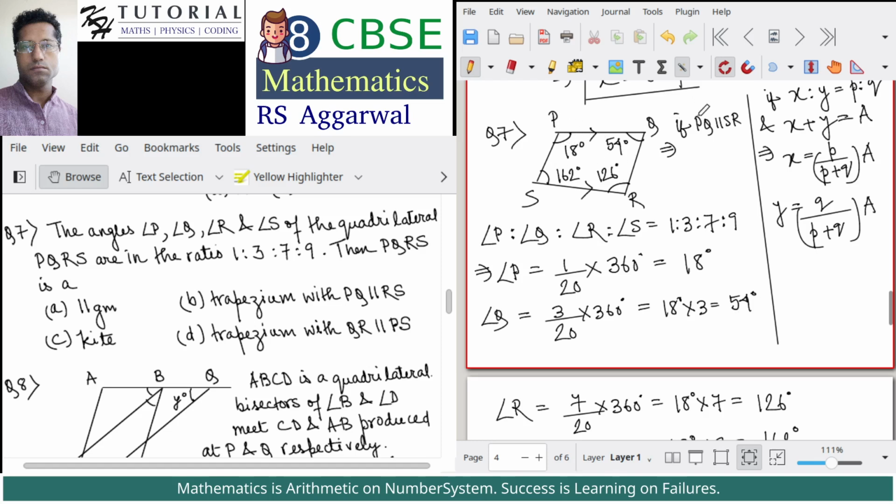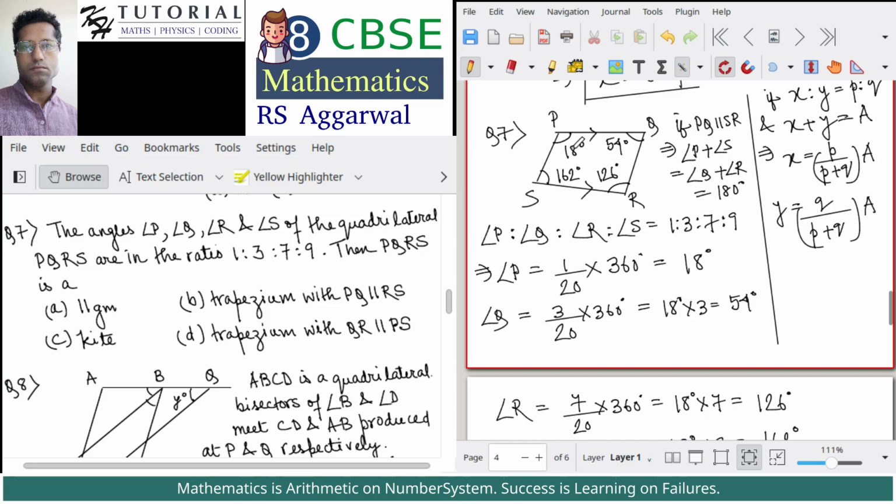So we must have angle P plus angle S supplementary, and also angle Q and angle R supplementary, and their sum should be equal to 180 degree. We have to just check this.